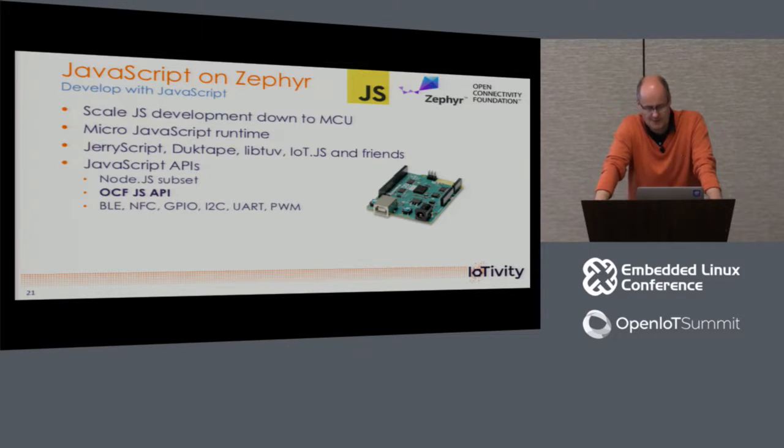The one in the picture is, for example, the Arduino 101, which contains, I think, 80K RAM. So we are in the works of building a JavaScript engine there, which would run with the same APIs.